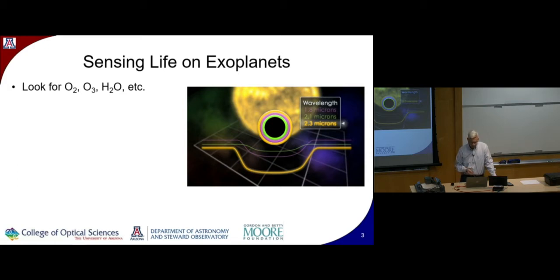For example, shown here in the near infrared for 3 different wavelengths that some molecule might be present at, for example, ozone here in the atmosphere. So we look at these transit dips to see what the chemical composition is of the planet in front of the star.